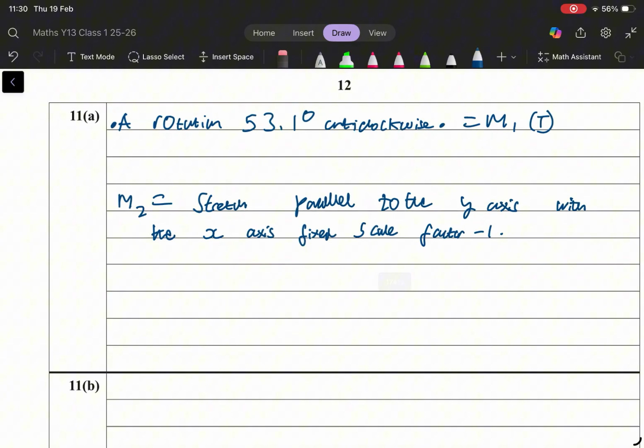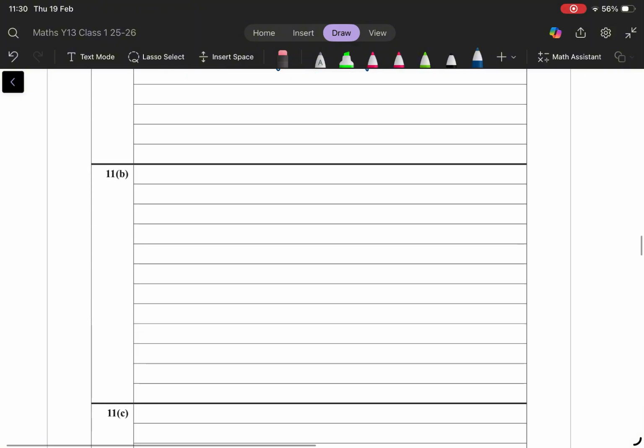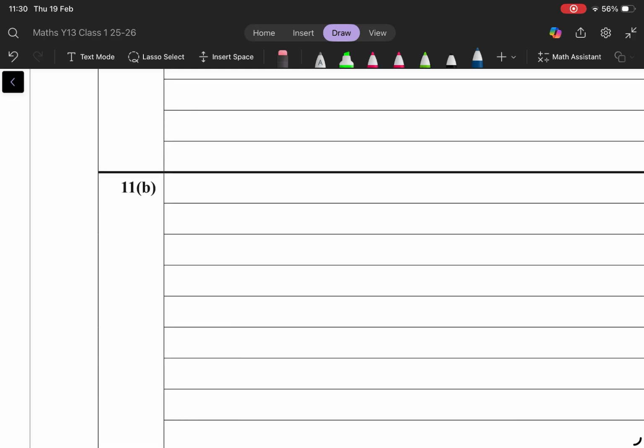So yeah. So question B. Find the equation of the mirror line, so the invariant line of the reflection R represented by M3 equals M1 plus M2.